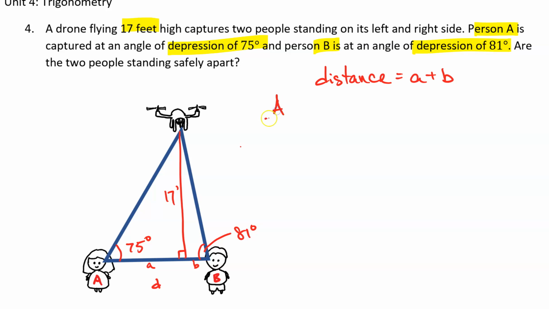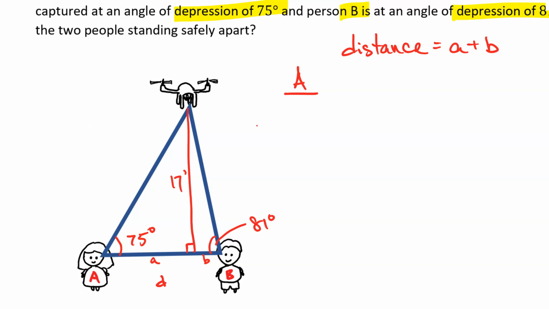Let's talk about person A. If we look at person A and I label out the details, I have a hypotenuse right here, an adjacent right here, and an opposite right here. I'm not going to be using the hypotenuse.